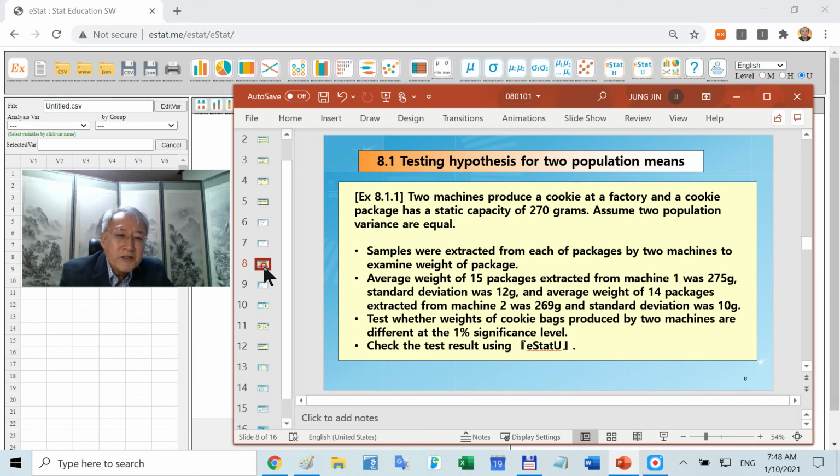Suppose two machines produce a cookie. It is supposed to be 270 grams. Our samples are extracted from machine 1.